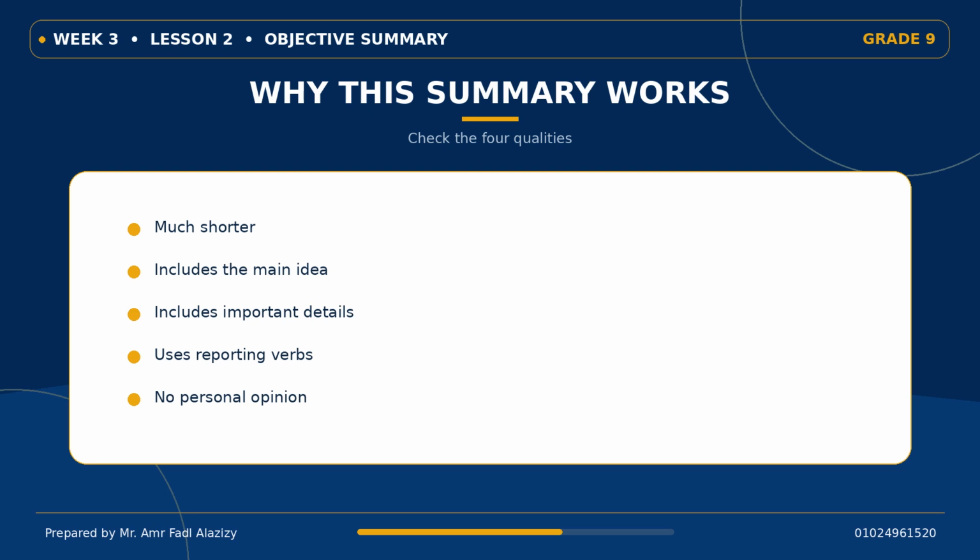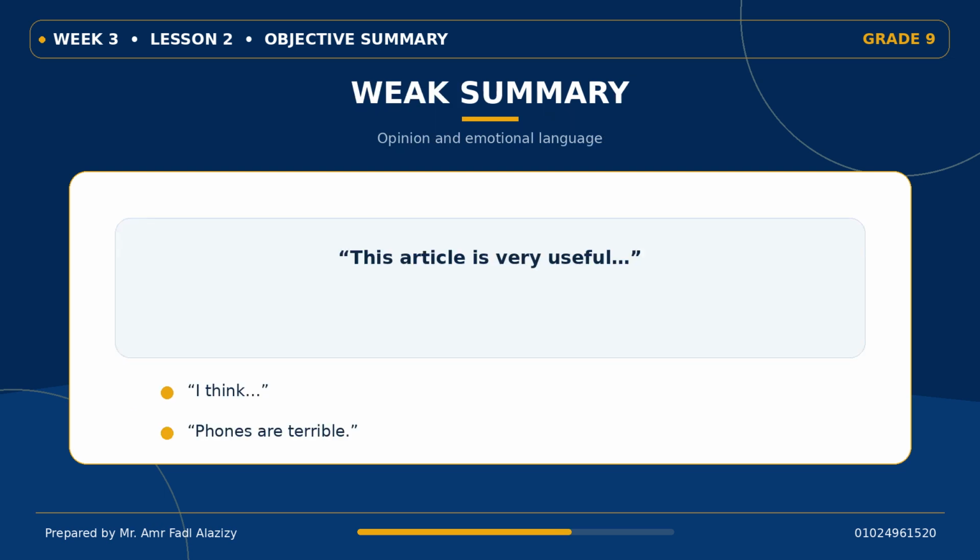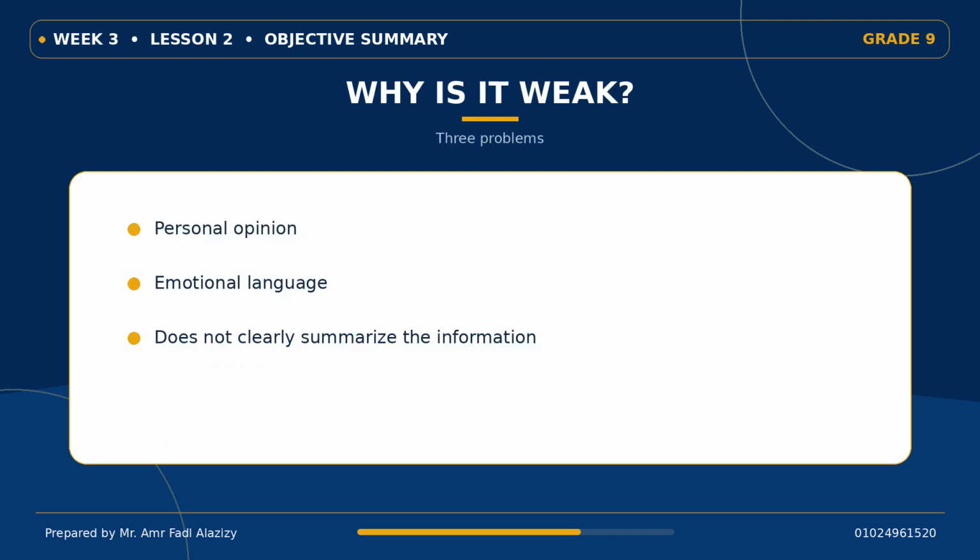a personal opinion. Now let us compare a weak summary with a strong summary. A weak summary says, "This article is very useful, and I think all teenagers should follow this advice because phones are terrible." Why is this weak?